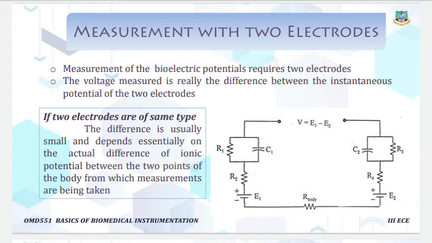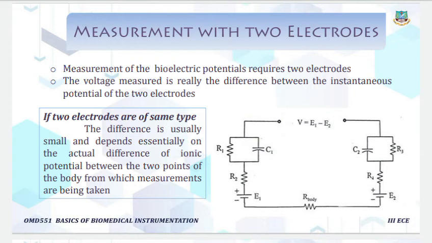These two electrodes produce some voltage, and the final voltage is the difference between the instantaneous potentials of the two electrodes. This difference is the main or actual voltage that we want.